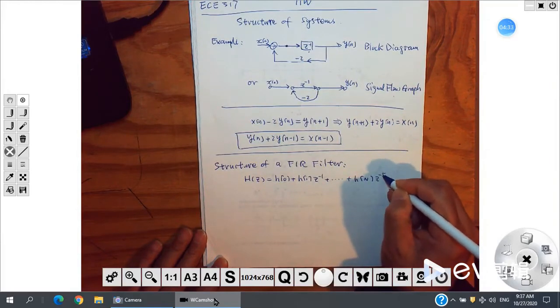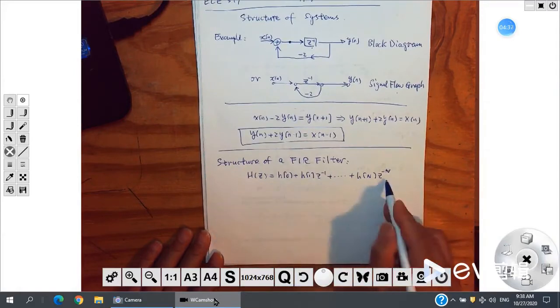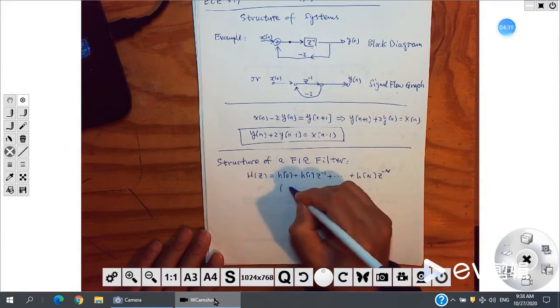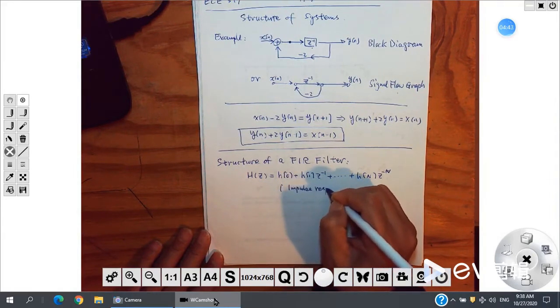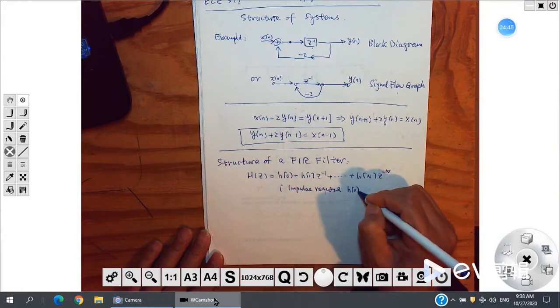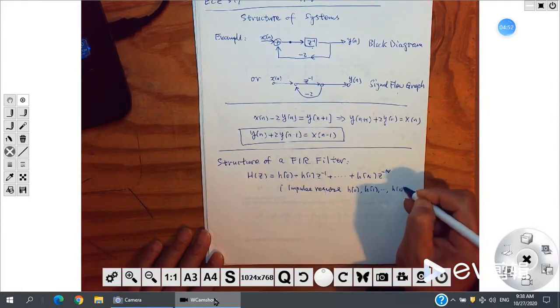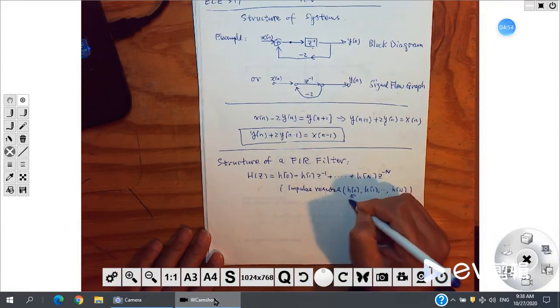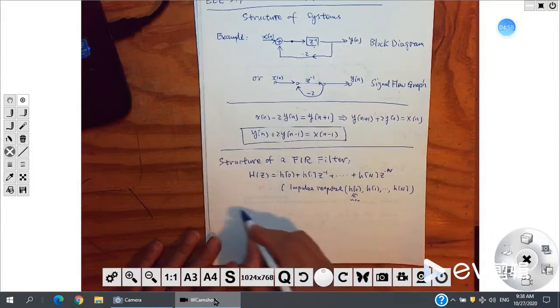The FIR filter has a transfer function that looks like this. We can also have the impulse response, which will be h of 0, h of 1 until h of n, here n equal to 0, right? It's an impulse response. Alright, the structure of these, we can have the structure looks like this.